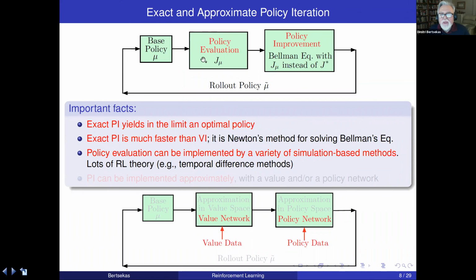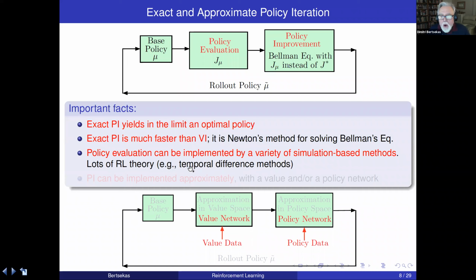There are a number of simulation methods, and we have discussed simply averaging samples of state and cost pairs to calculate the values of J mu that we need by Monte Carlo simulation. But there are also other algorithms, and a lot of the reinforcement learning theory deals with these algorithms. There are nice mathematical algorithms with intricate analysis and sophisticated properties.